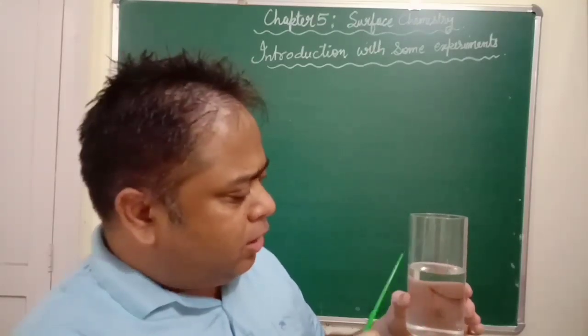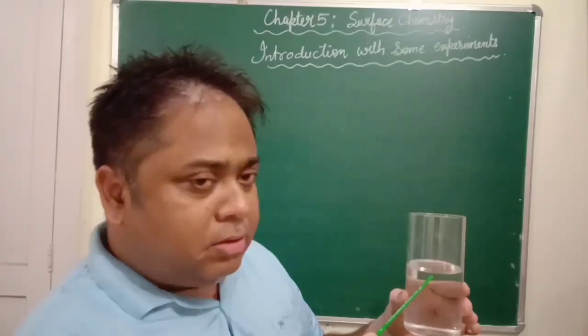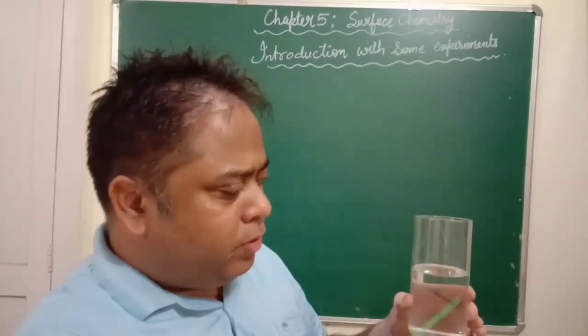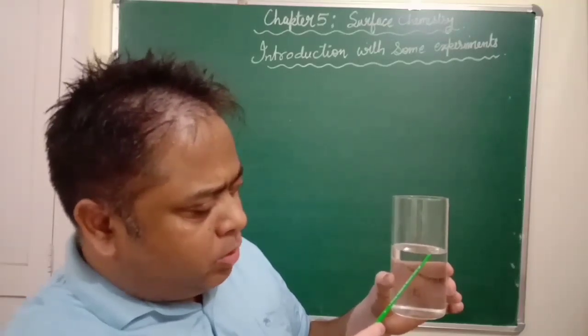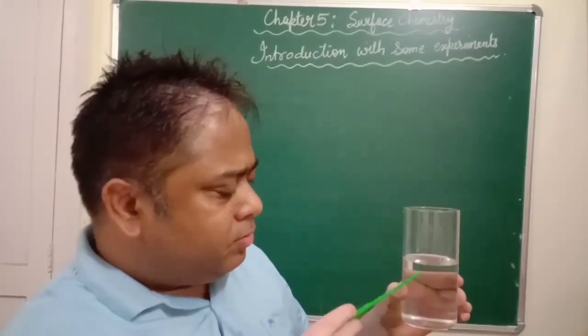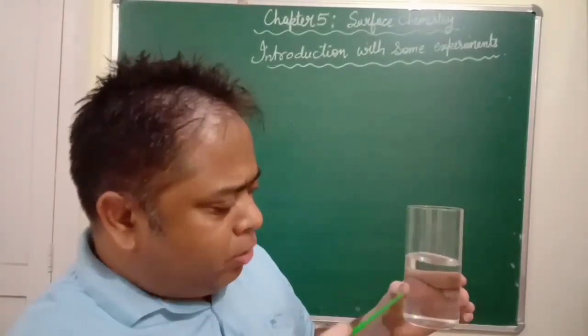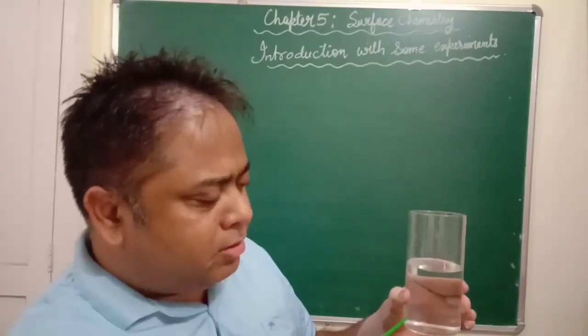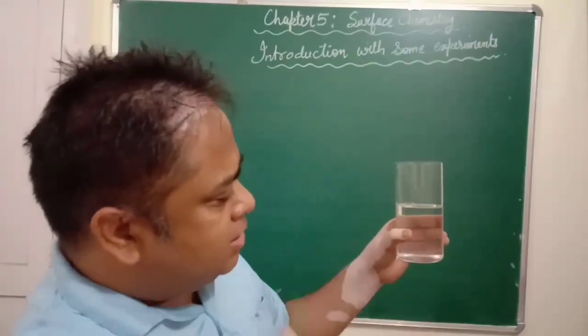So the water molecule loves to be adhered with the adhesive force with the glass molecules more. As a result, the glass molecule pulls the water towards itself, and the water molecule, among themselves, they are trying to pull each other, as a result of which it forms a U-shaped meniscus.